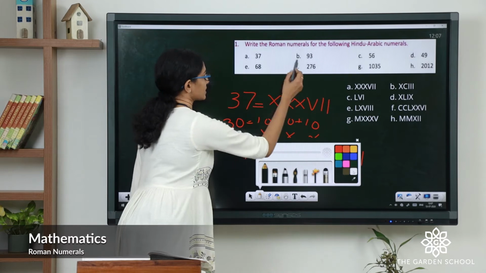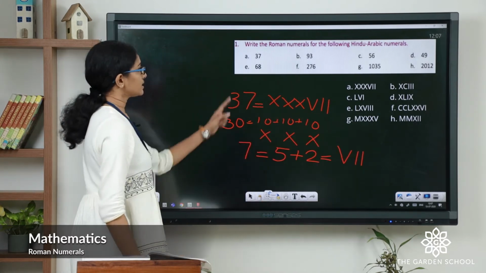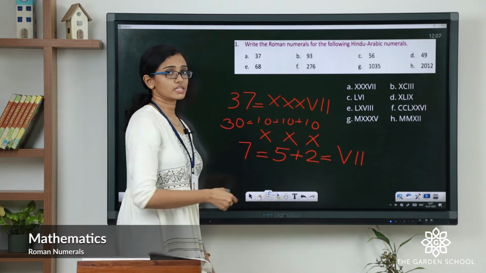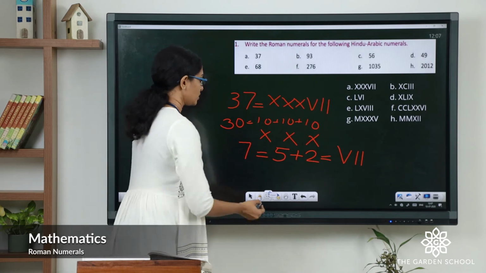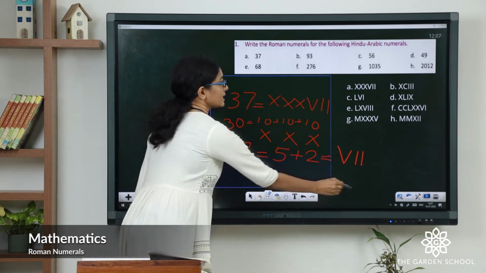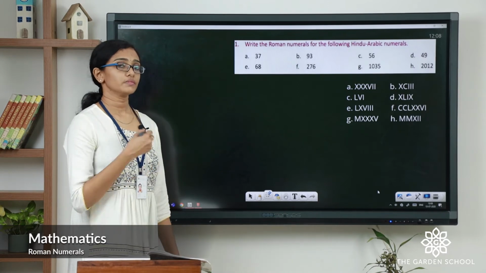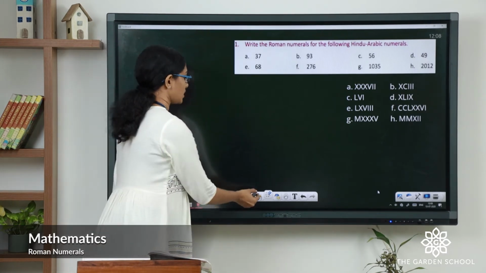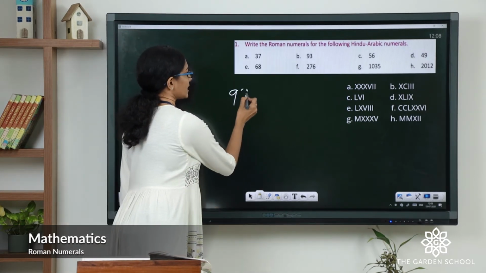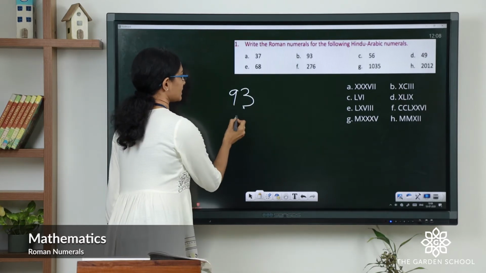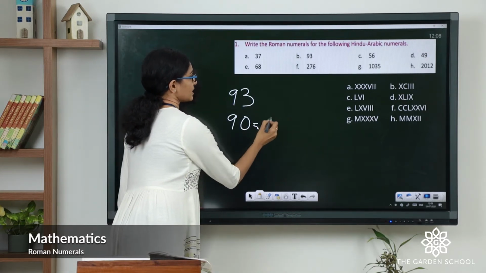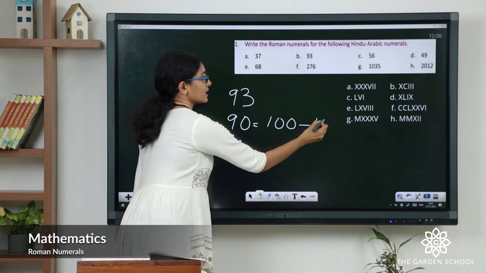Now let's see the next question. It's 93. Do we have a symbol for 90? No, right? So now let's see how we can derive 90 from the symbols that we already have. So 93 is our question. How do we take 90? 90 is actually 100 minus 10.